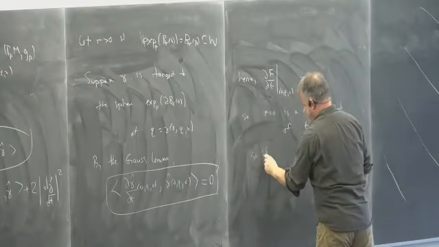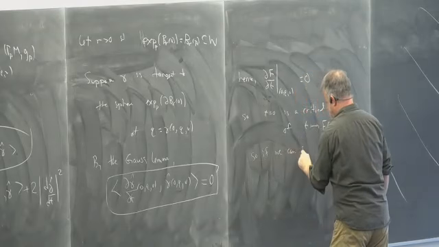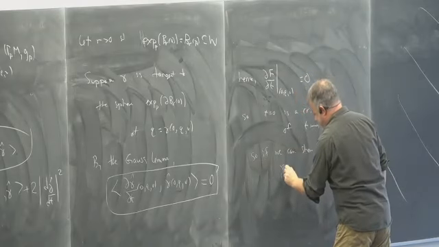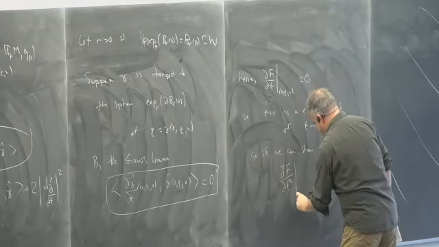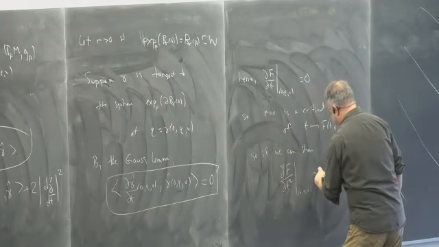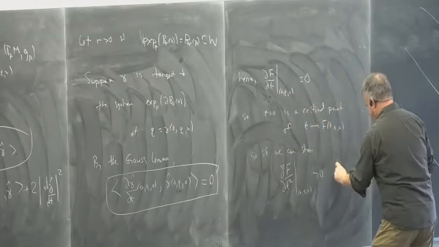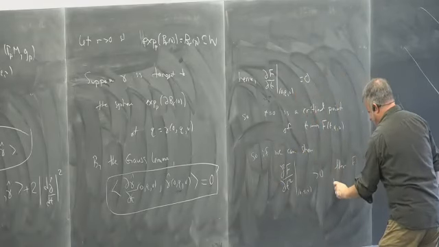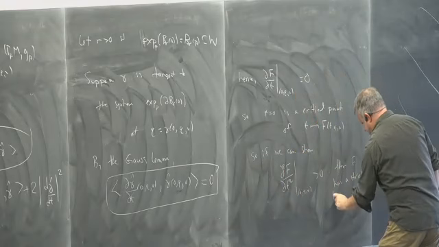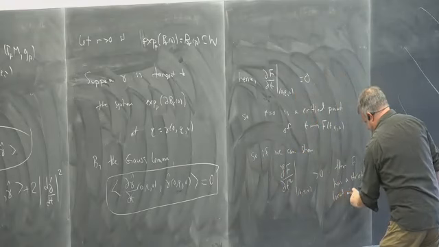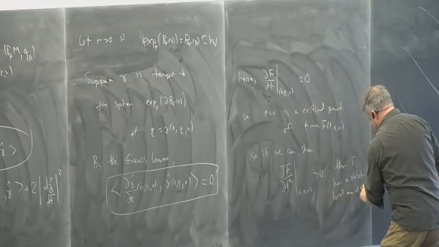So if we can show that the second derivative at (0, q, v) is positive, then f has a strict local minimum at t equals 0.